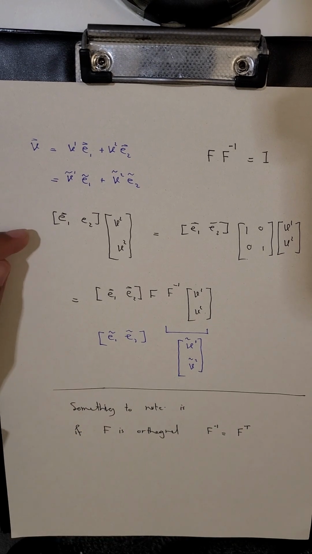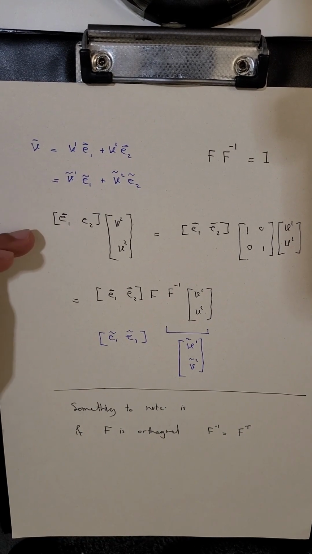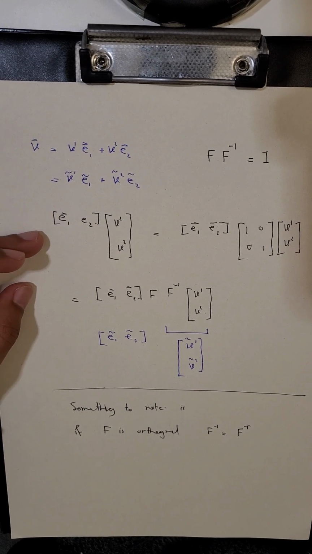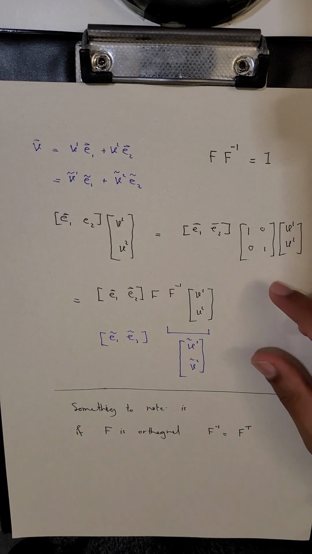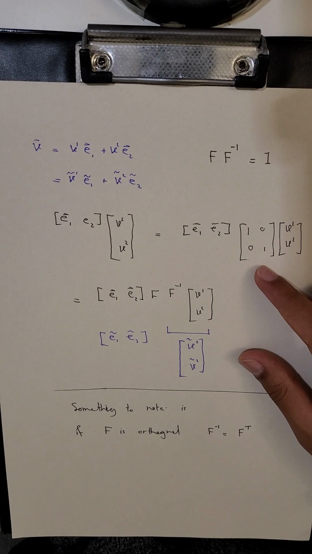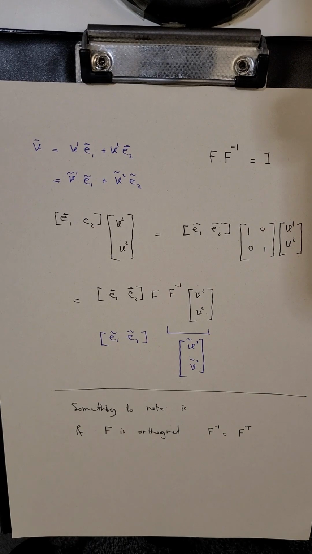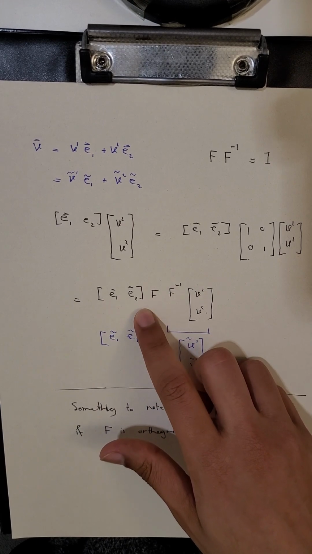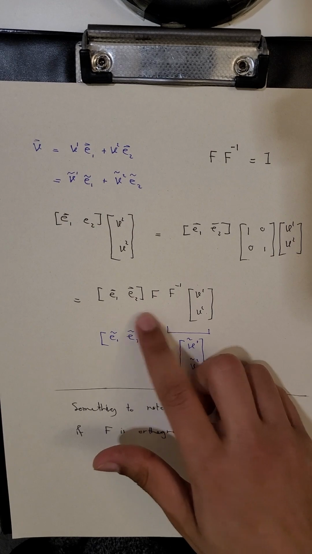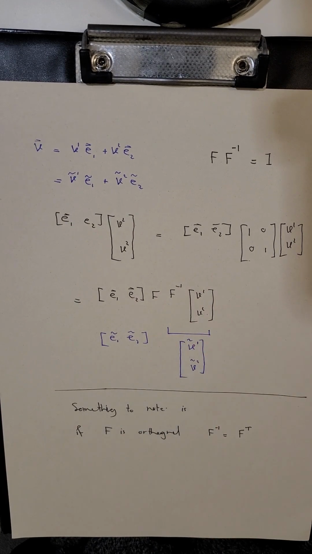Now you can represent a vector using matrix multiplication, and one way to think about changing the bases is by inserting the identity I, which can be broken down into f times f inverse. So these are two matrices, and the other one is the inverse. Basically, the basis vectors multiplied by f give you the new basis, and f inverse multiplied by the components gives you the new components.